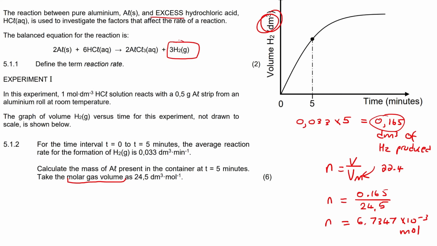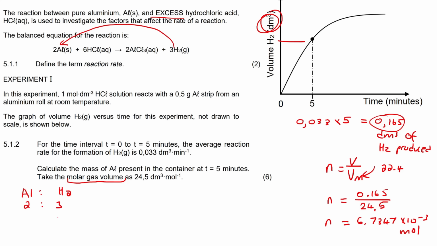So now we know the moles of hydrogen gas that we have used or formed in the first 5 minutes. It's this value over here. So we can now use the mole ratios with that to see how much aluminium we must have used in the first 5 minutes. So we know that aluminium to hydrogen is in a 2:3 ratio.